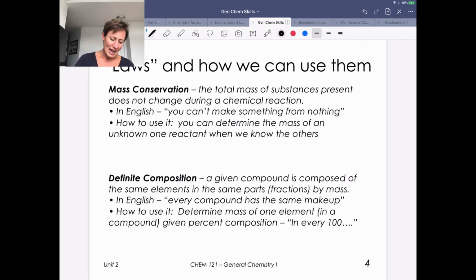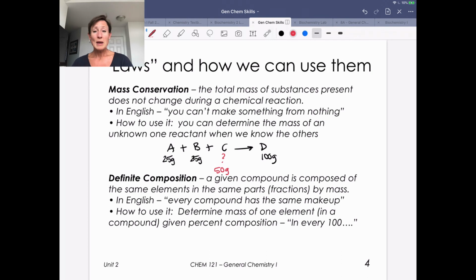So how we could use that is we could actually determine the mass of an unknown single reactant when we know the others. So let's see if this makes sense with just a very simple example. Let's say we react A plus B plus C together, and they all combine to make D. Now I'm not concerned with whatever the chemistry might be, but if we started with 25 grams of A and 25 grams of B, and we ended up with 100 grams of D, we know then that the mass of C must be 50 grams.